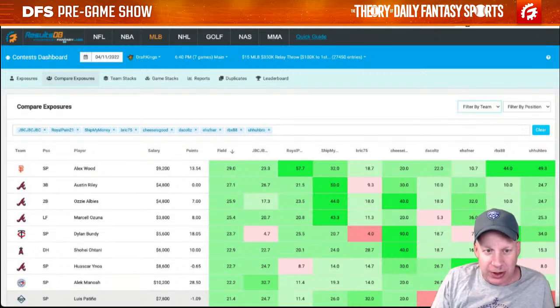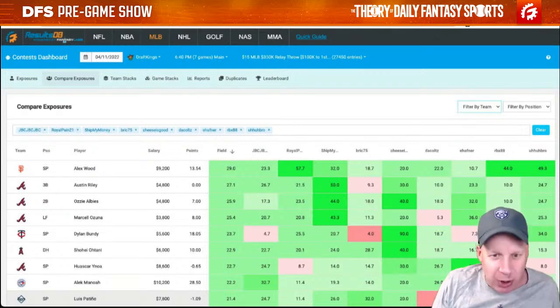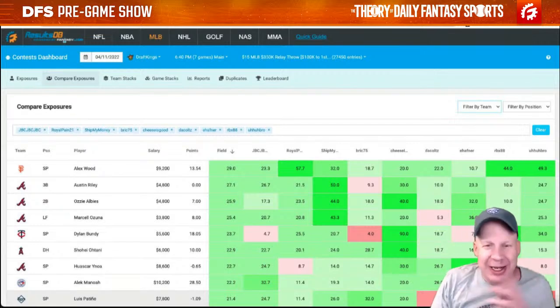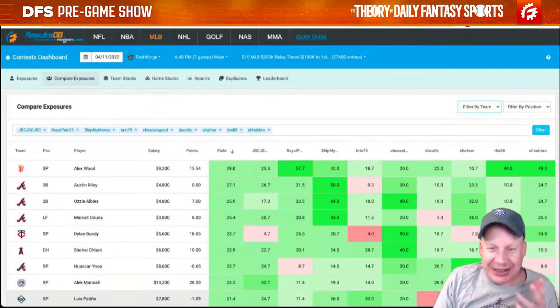The utility slot on FanDuel is the biggest, and obviously only one pitcher, and you don't have to play catcher. Those are like the major differences between FanDuel and DraftKings. But I think the utility spot on FanDuel is more of a difference to adjust to than the one pitcher.